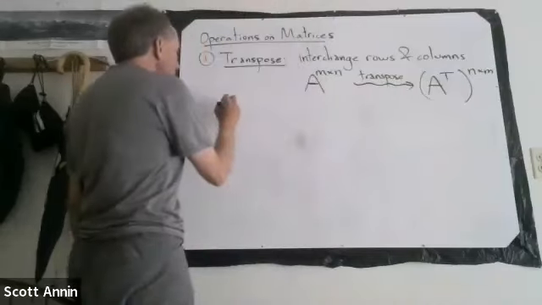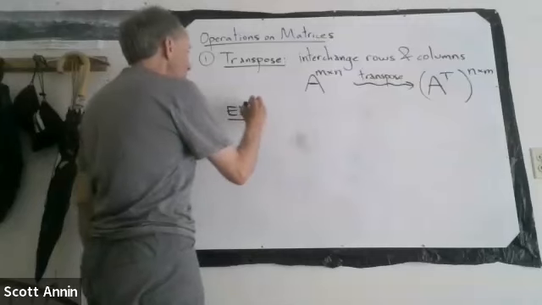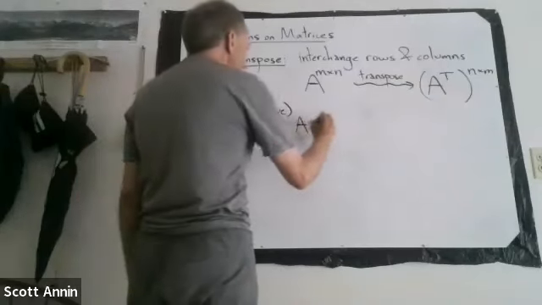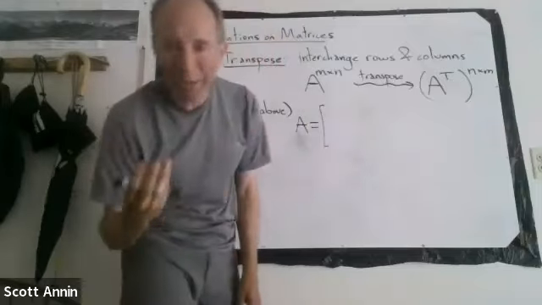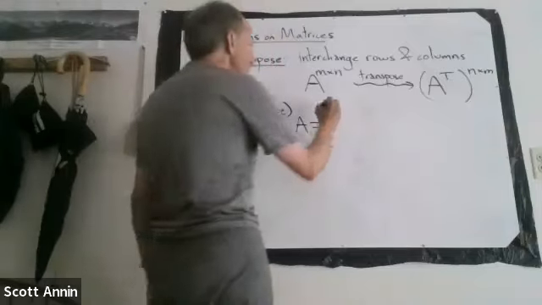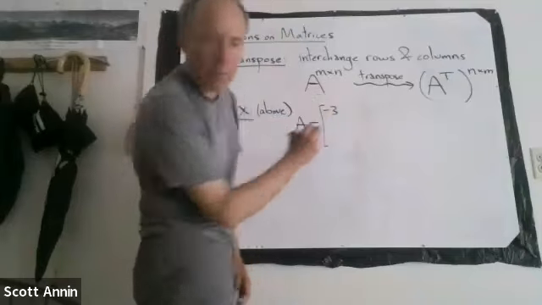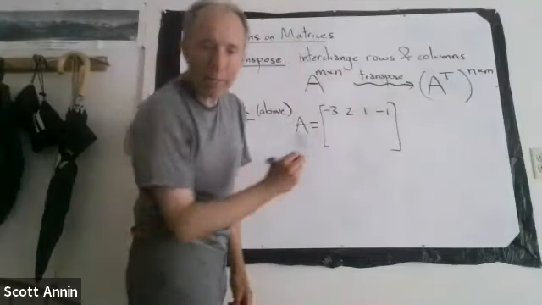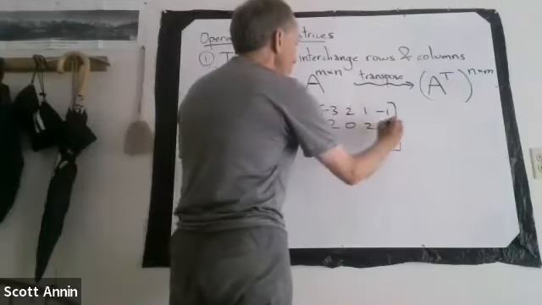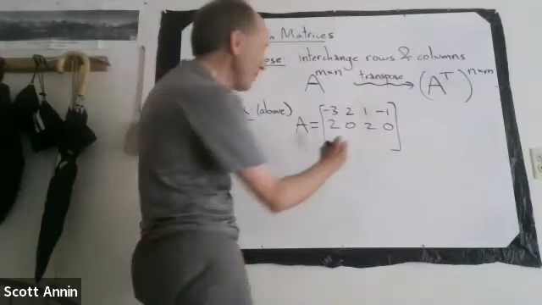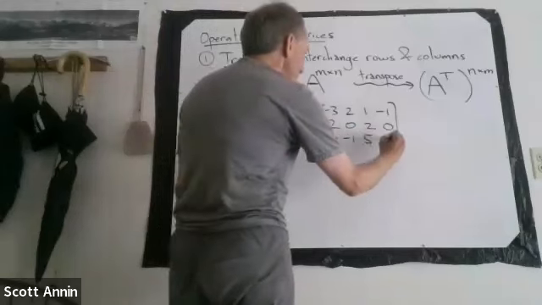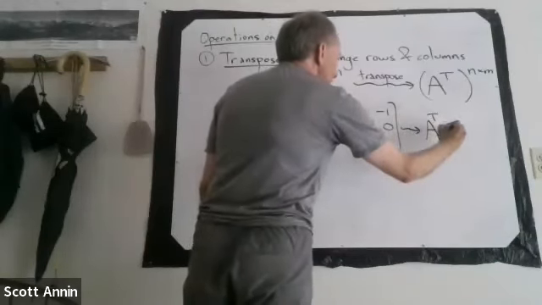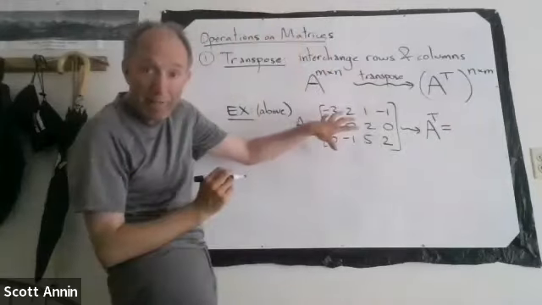So in our example from above, let me write it down again for you. The original matrix from our earlier example had -3, 2, 1, -1 in the first row. The second row was 2, 0, 2, 0. And the third row was 0, -1, 5, 2. This was a 3 by 4 matrix.